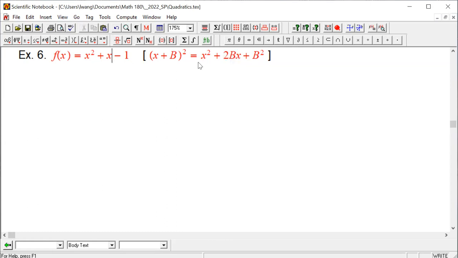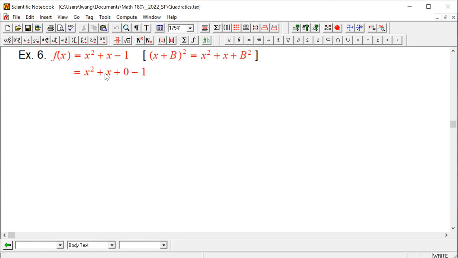So what do we do now? 2b is 1, so what should we be adding here to make that perfect square? We still have that minus 1. We just need to add a 0, and this 0 is going to be made in such a way.